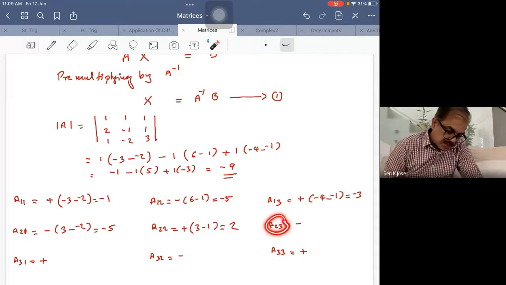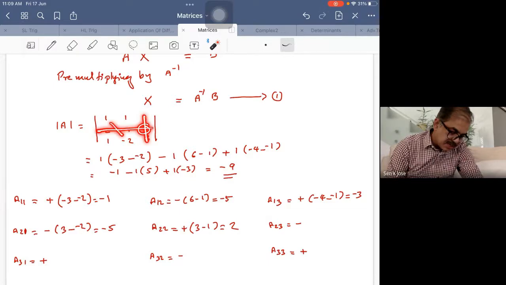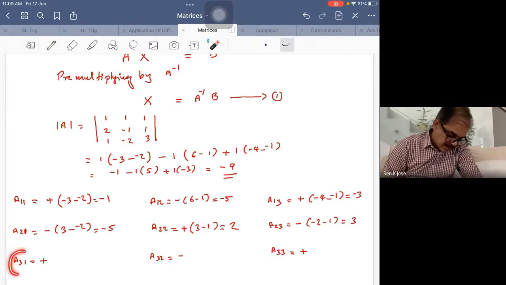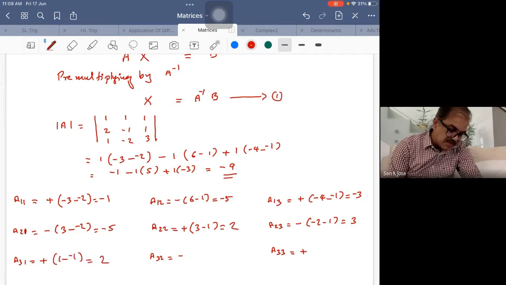Then A23, that's the element A23. Delete the row and the column it contains, cross multiply. Minus 2 minus 1. Which is 3. Now A31, this is the element A31, delete the row and the column it contains, cross multiply. You will get 1 minus minus 1, which is 2.